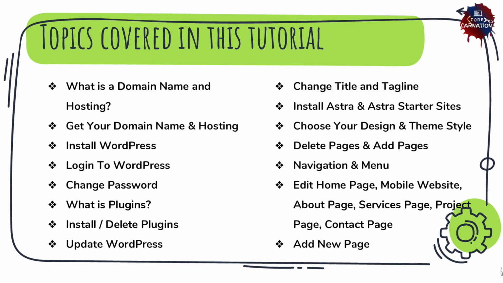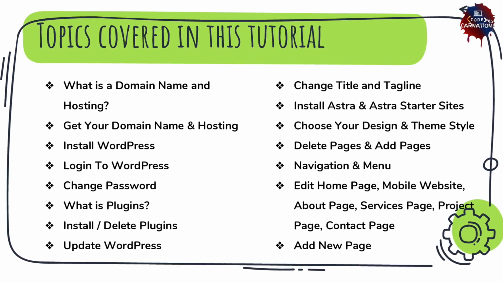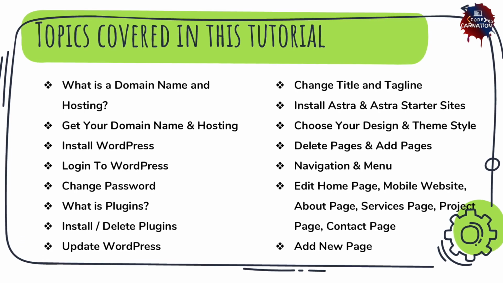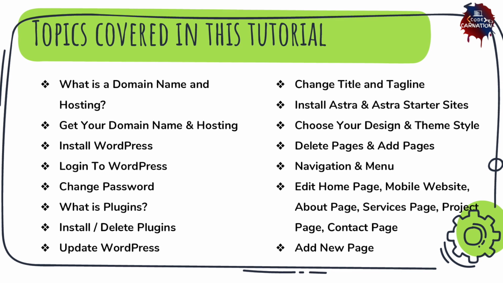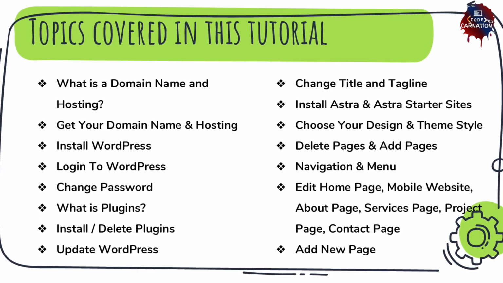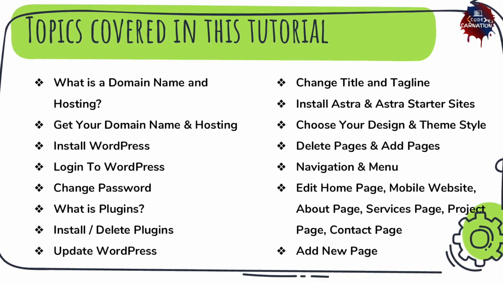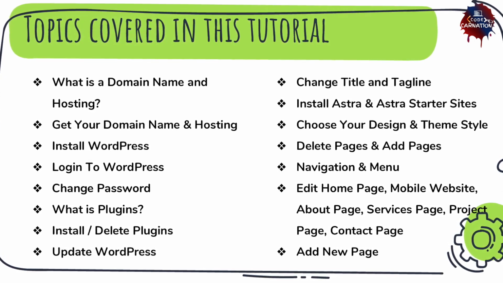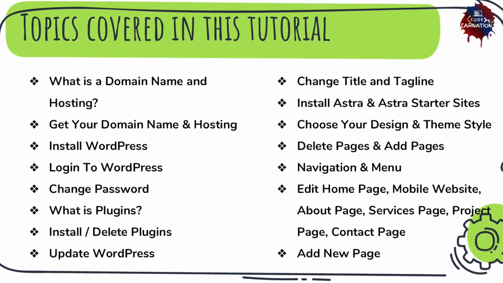Post that we'll see how to log into WordPress, how to download the plugins, delete the plugin, install the plugin, update WordPress, and then how to change the title and tag line, then how to install the Astra theme, and then a starter site which is already pre-designed, then you have to design it according to your way. So that we'll see.